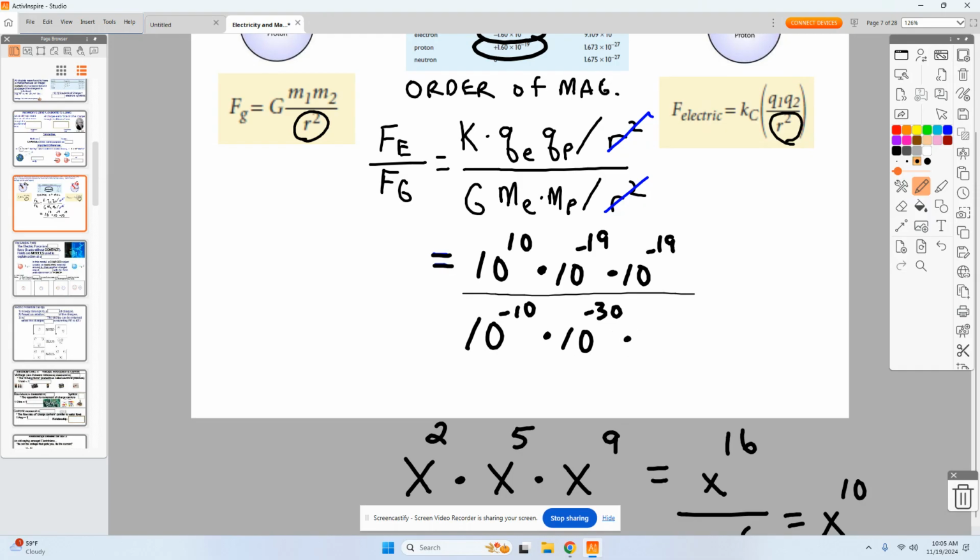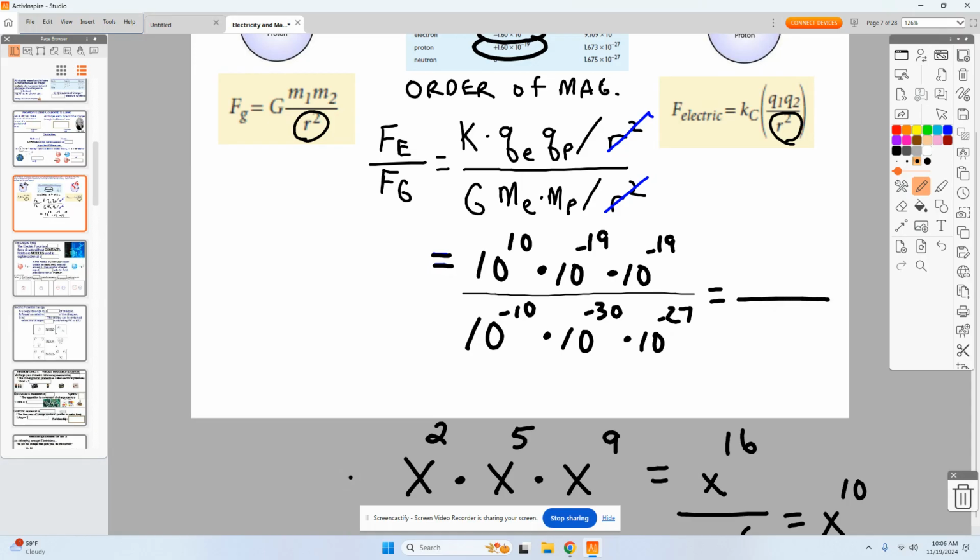Now the proton is much more massive than the electron. It's about 1,000 times as massive. Its exponent is 10 to the negative 27. Now, that sometimes can be a little bit confusing for people, how I'm doing that. But now that I have those things written, I'm going to multiply these numbers on top by adding the exponents.